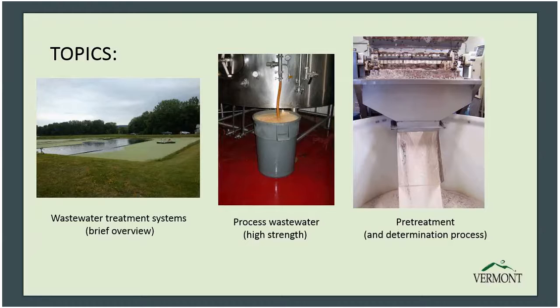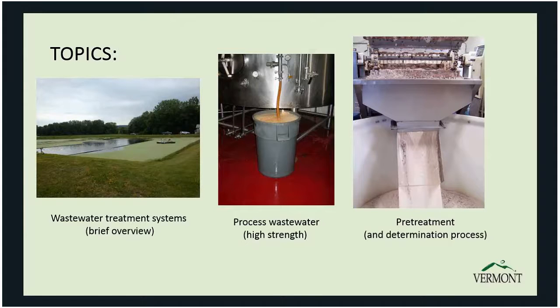It's important to note that most wastewater treatment plants are designed to treat residential waste from households and not necessarily pollutants from industrial or commercial facilities. There are three examples here of very conventional wastewater treatment systems. The picture on the left is of a lagoon system. The one in the middle is referred to as an oxidation ditch.